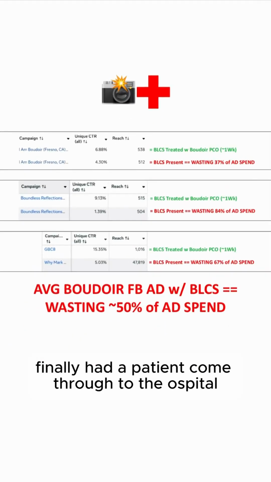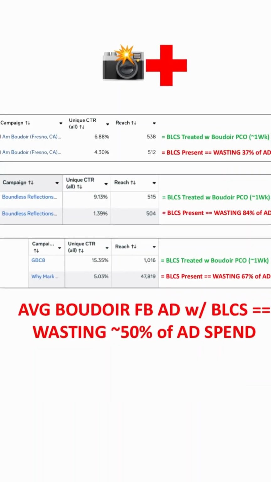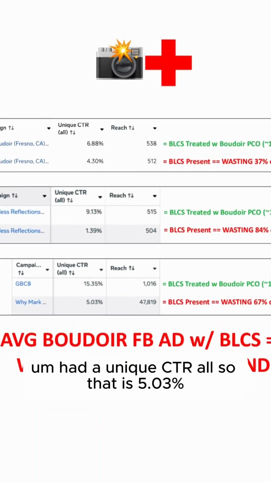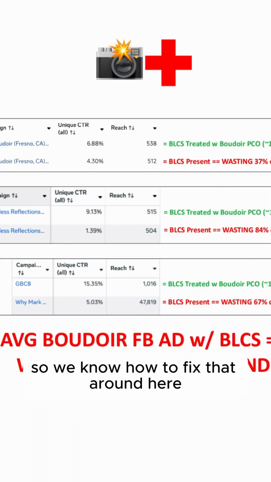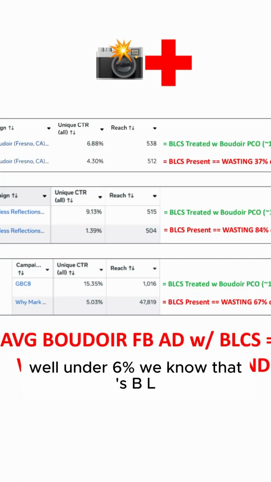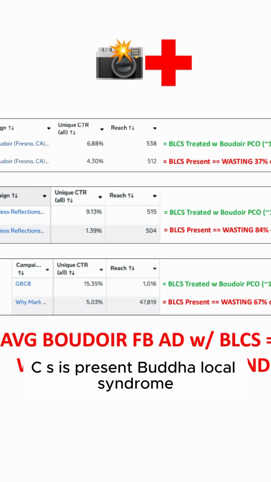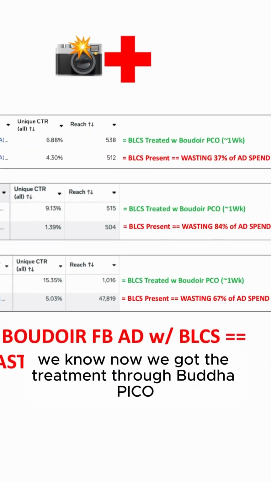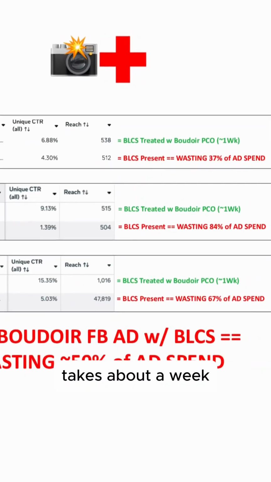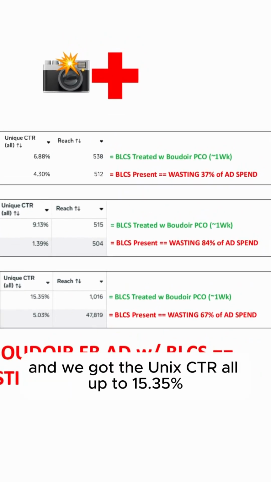Finally, had a patient come through to the hospital. Had a unique CTR of 5.03%. So we know how to fix that around here. Well, under 6%, we know BLCS is present, boudoir low click syndrome. And after that, we know we got the treatment. Treatment with boudoir Pico takes about a week. And we got the unique CTR up to 15.35%.